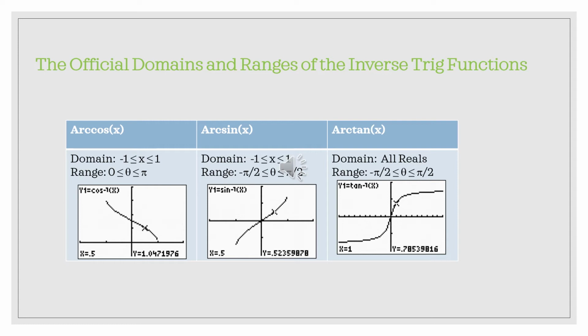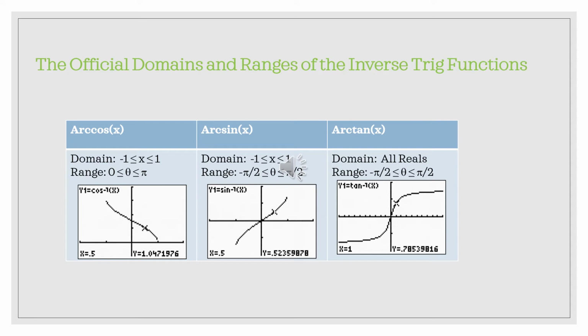Now for sine, we're going to use quadrant 1 from 0 to pi over 2, but you don't hit negative values for sine until quadrant 3. So there would be this gap in between quadrant 1 and quadrant 3.